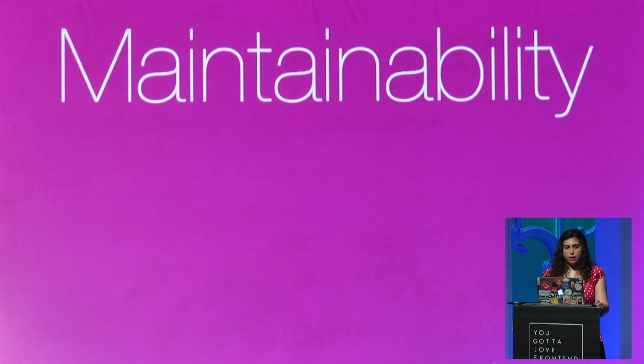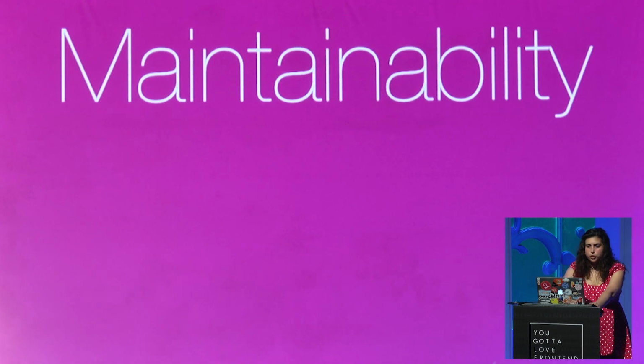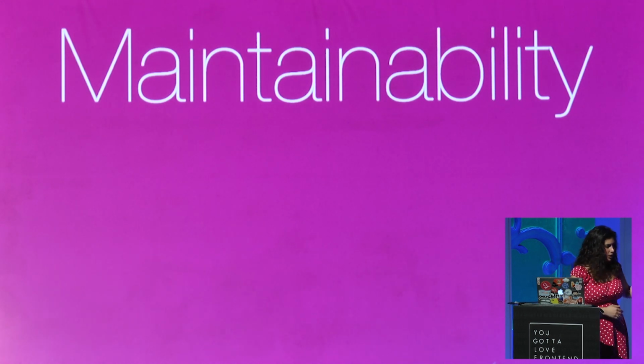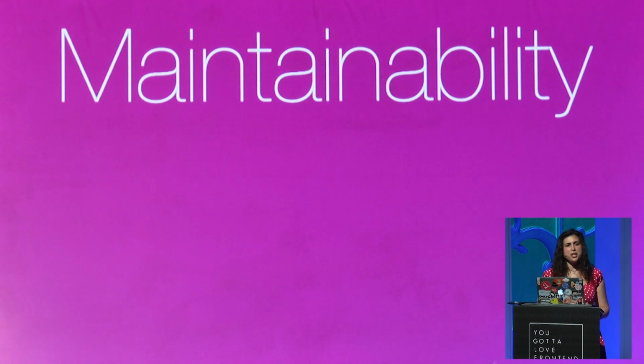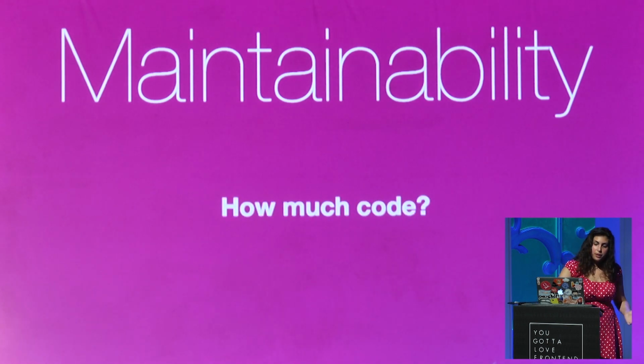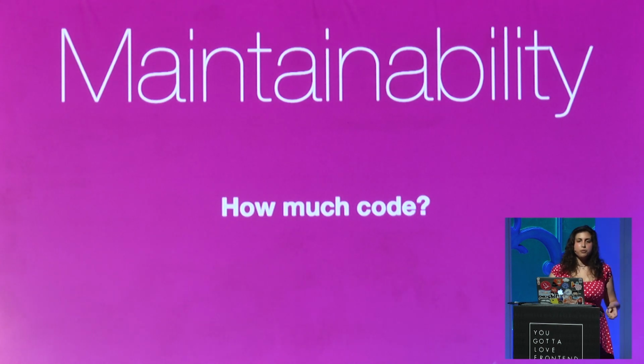And also, maintainability, as in how much of a pain it will be for other developers or even our future self to deal with this code. If you write it and you feel dirty and you feel like you want to wash your hands afterwards and never look at it again, that's probably not very maintainable. So some of it is how much code there is. That's only a part of it, because there can be a lot of code that's understandable, but it is some of it. The more code, the more mental effort you need to devote to understanding it.